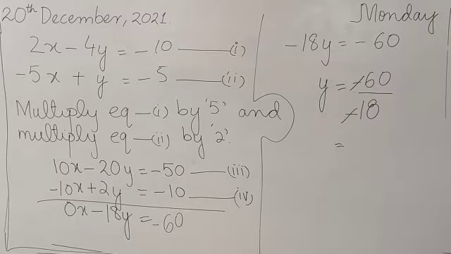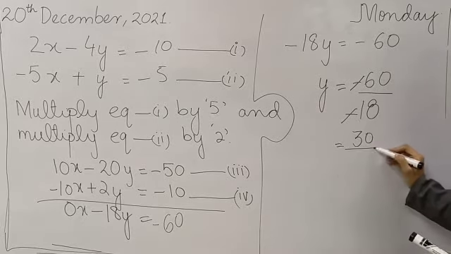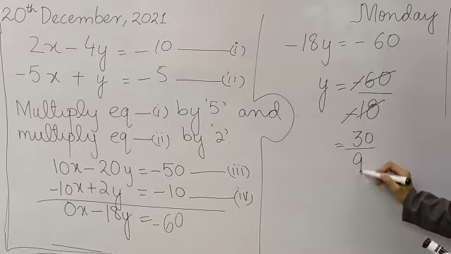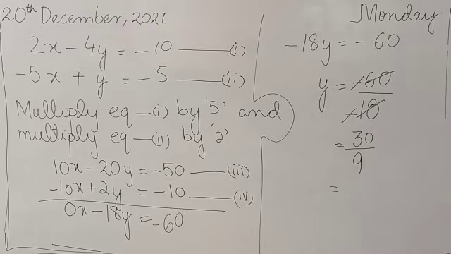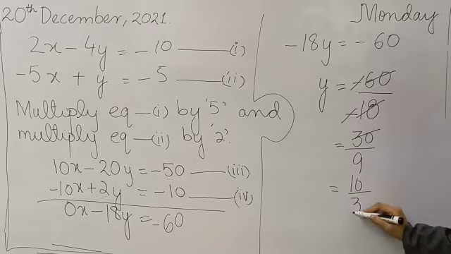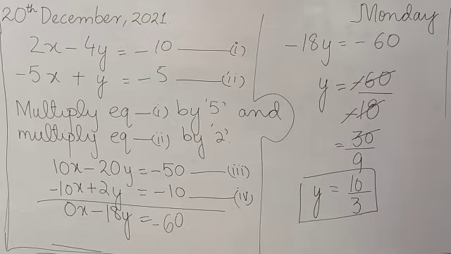Simplify 60 and 18. 2 times 3 is 6, 0 as it is, and 2 times 9 is 18. Again we can simplify. Both are the multiples of 3. So 3 times 10 is 30 and 3 times 3 is 9. We have the value of y, which is 10 over 3.